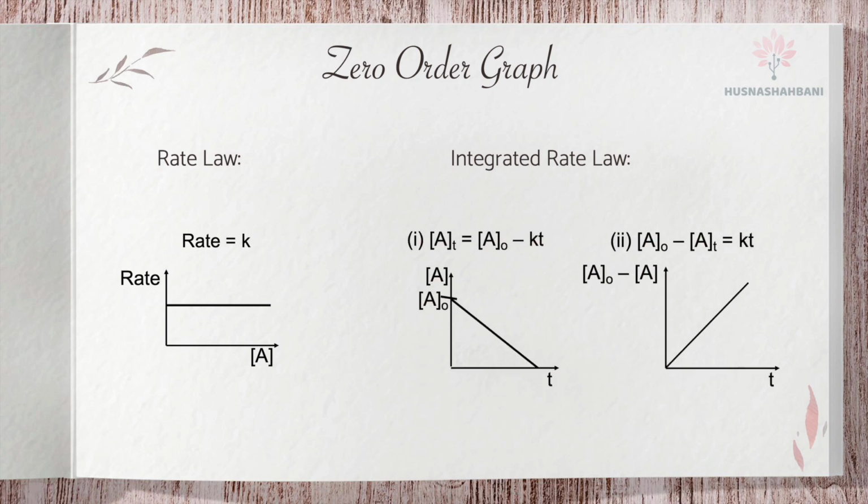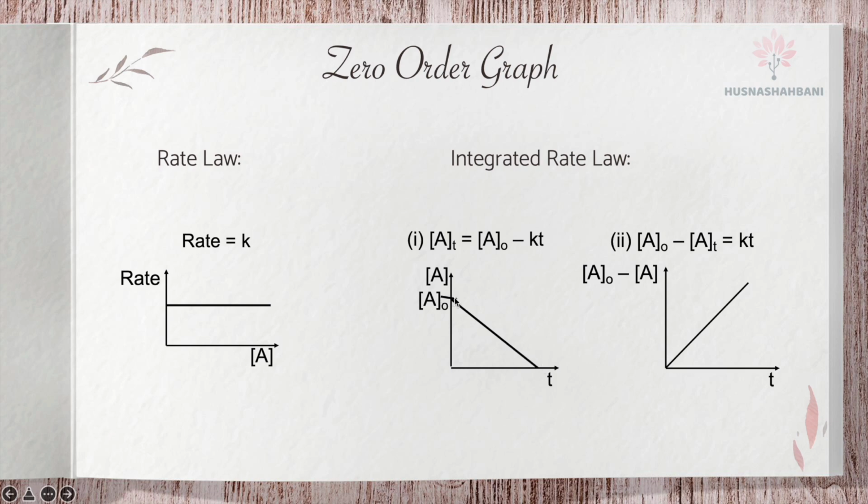For the integrated rate law equation, the reactant A concentration at a particular time equals the initial concentration of A minus kt. So this is a graph with reactant A concentration on the y-axis and time on the x-axis. So the initial concentration decreases against time.